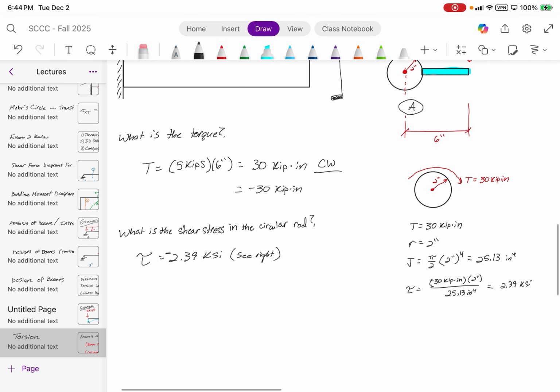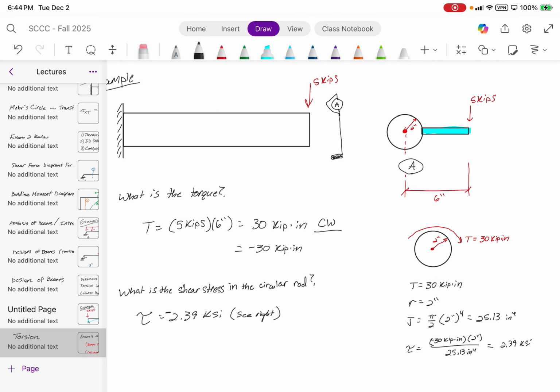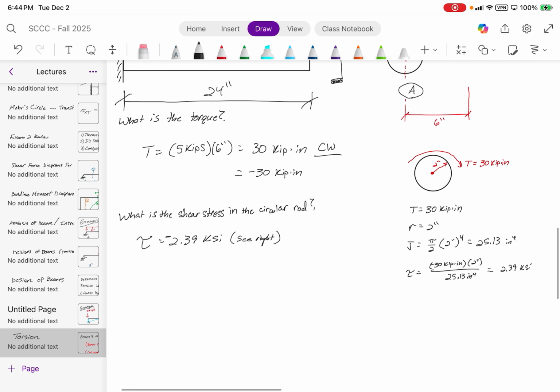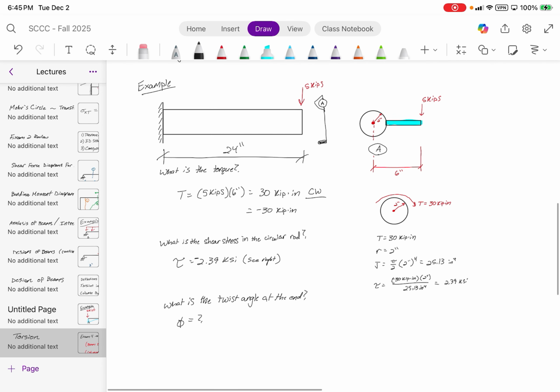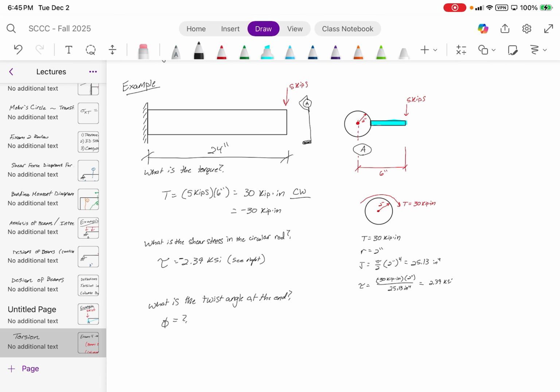All right. Now the last thing, I want to make this rod exactly 24 inches in length. What's the twist angle at the end? Can you guys calculate that for me?